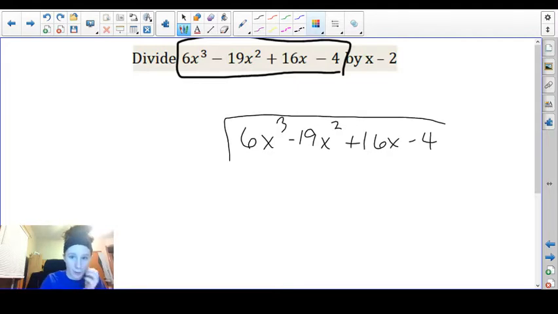On the outside, I'm still going to go ahead and put what's being divided by. So in this case, the x minus 2.